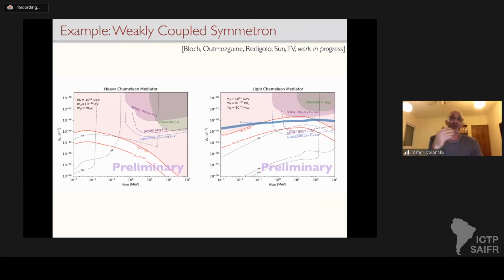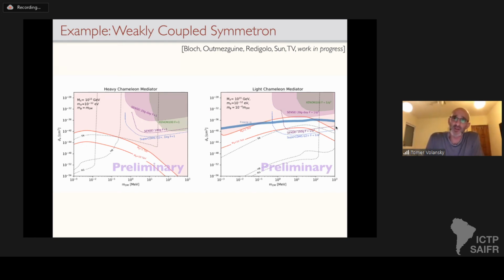Okay, and these are the plots, again preliminary, and you could see, just look at the right, for instance, some chameleon mediator. You see that we've opened up a significant part of the parameter space. The freeze-in again is alive, and these would be the usual type of constraints, and these are the new constraints, depending again on the precise model.